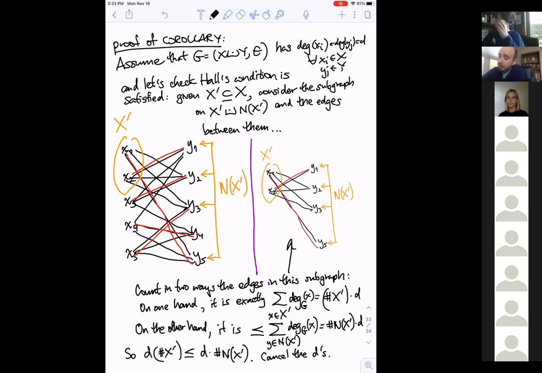And we just checked Hall's condition is satisfied for this x'. Seem okay? Questions? Okay. We'll consider that one proved.